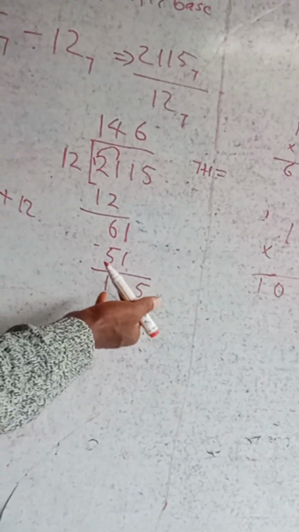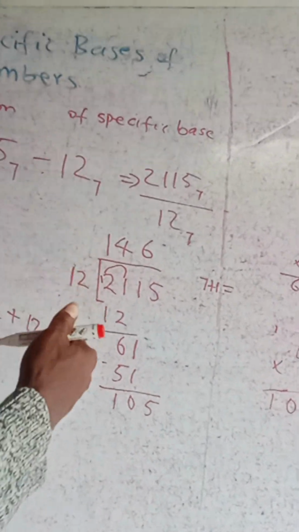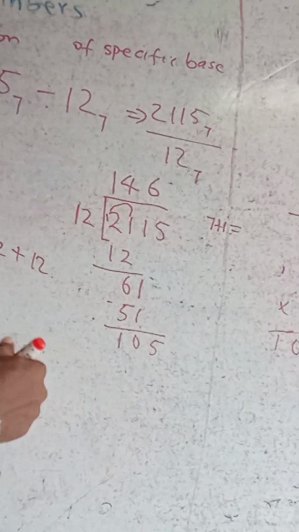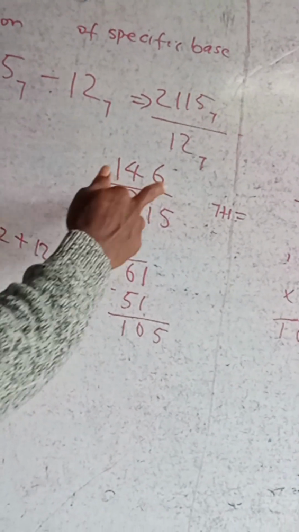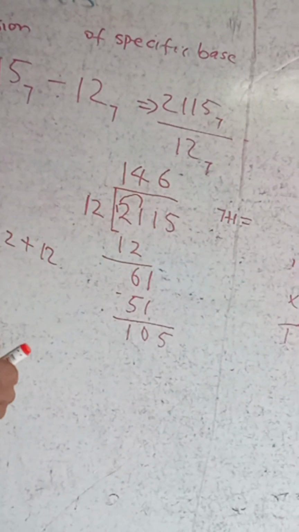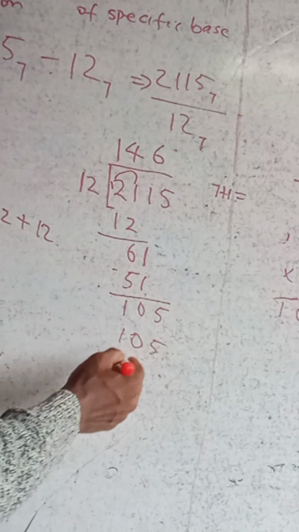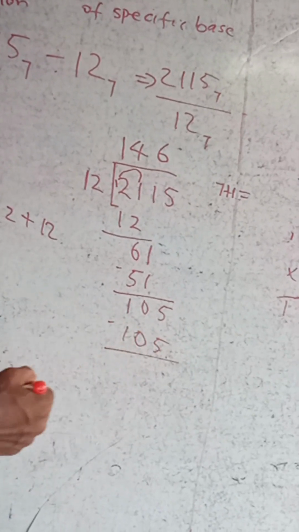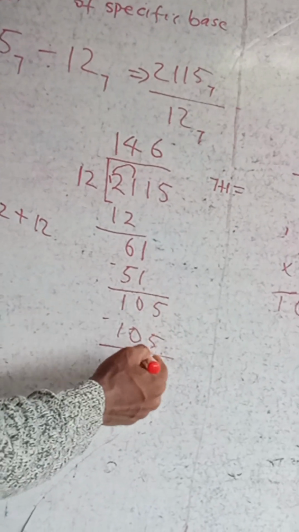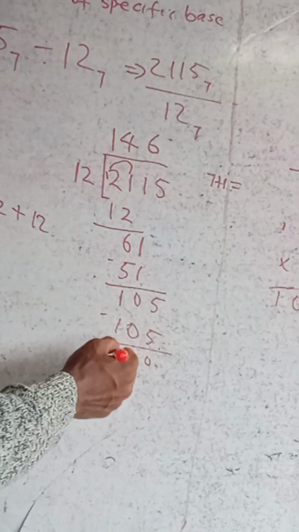So 105 divided by 12 under base 7 is 6. 6 times 12 under base 7, we have gotten it there already: 105. At this point we subtract: 5 minus 5 is 0, 0 minus 0 is 0, 1 minus 1 is 0.